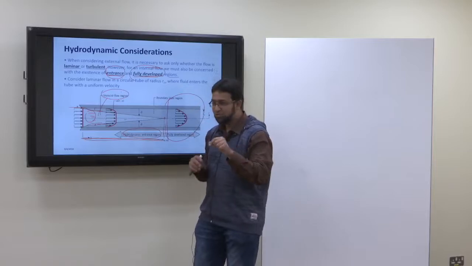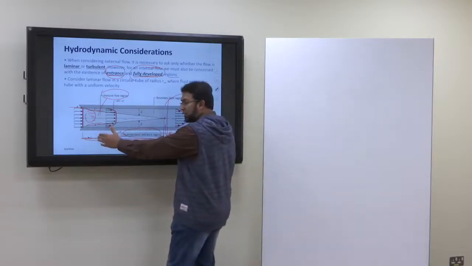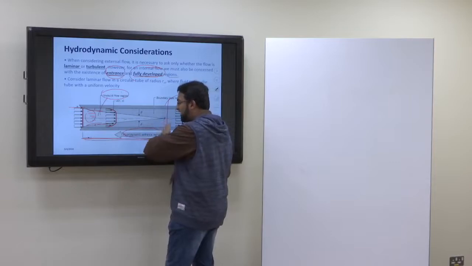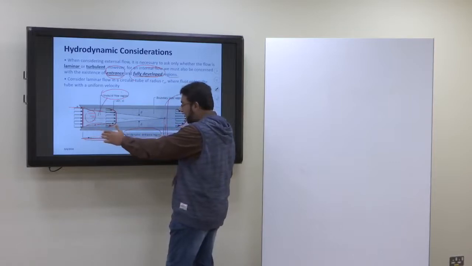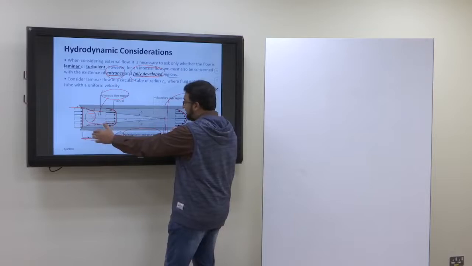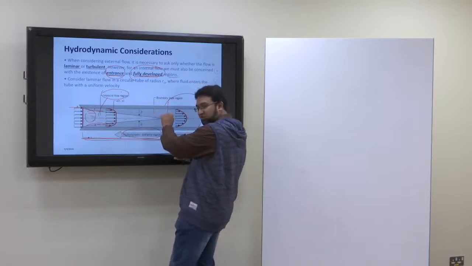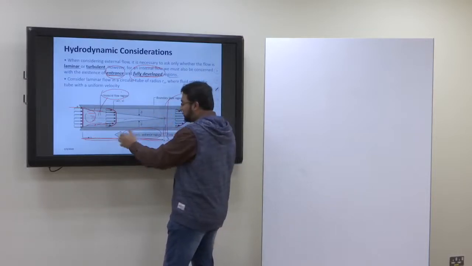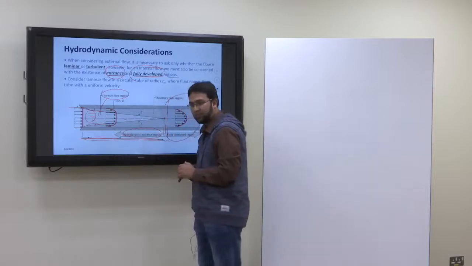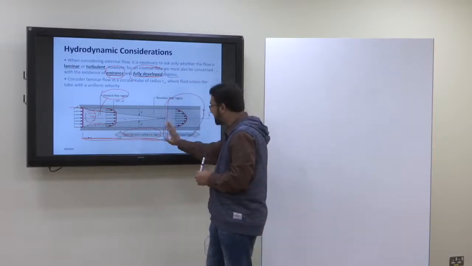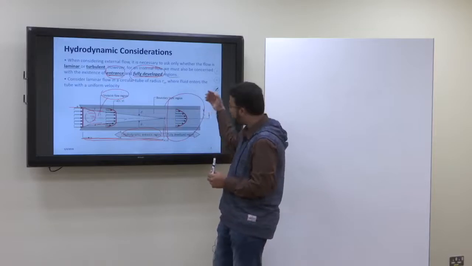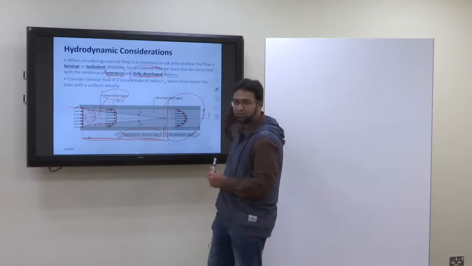Okay? So till inviscid region is there, this region is known as hydrodynamic entrance region, and the length after which inviscid region finishes, that length is known as hydrodynamic entry length. Okay? And after that, it is fully developed. Whatever be the length afterward, it is fully developed.